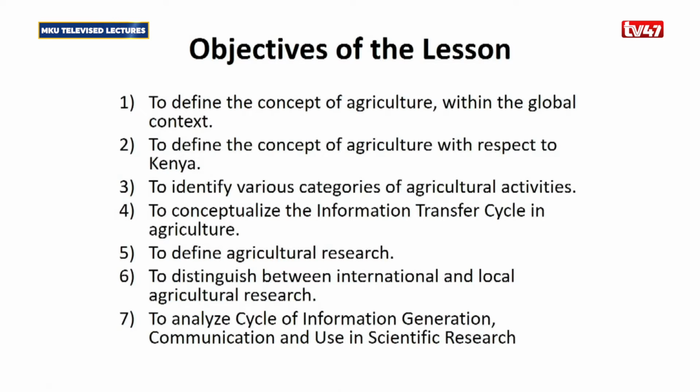Then thirdly, we will identify various categories of agricultural activities. Then the fourth objective is to conceptualize the information transfer cycle in agriculture. That means we want to see how the agricultural information from generation to consumption flows, and we'll try to draw a concept diagram of the same.